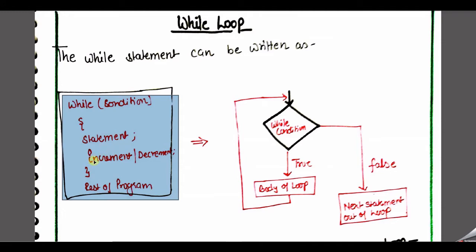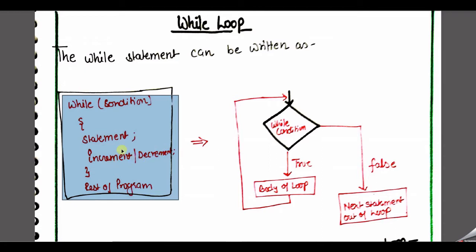The most important points are: point 1 is the condition, and point 2 is the increment or decrement function over the condition's variable. If variables like i, j, k are used, the increment and decrement depend on the condition value, so that the condition terminates after some time and the program never goes into an infinite loop.